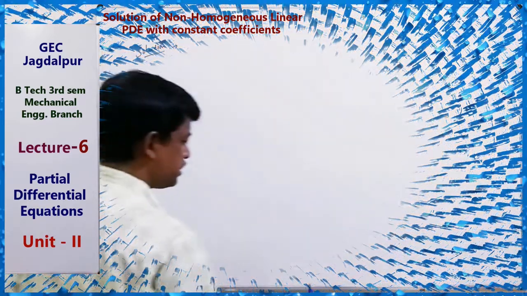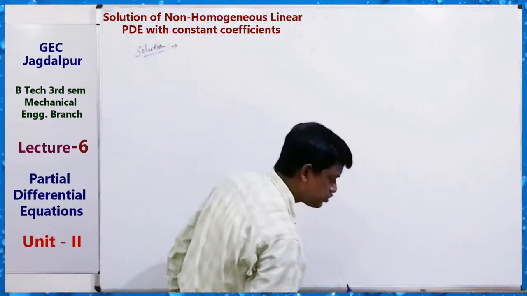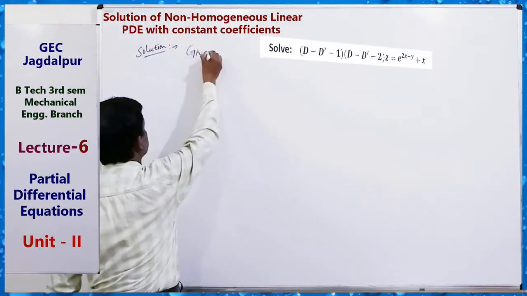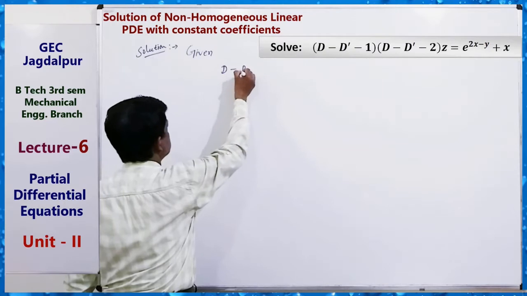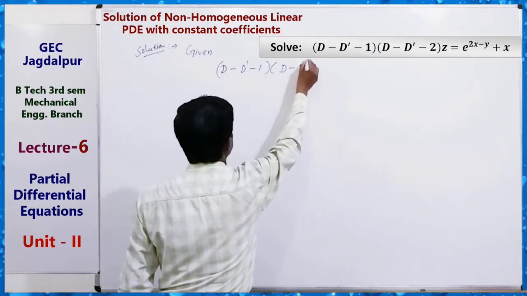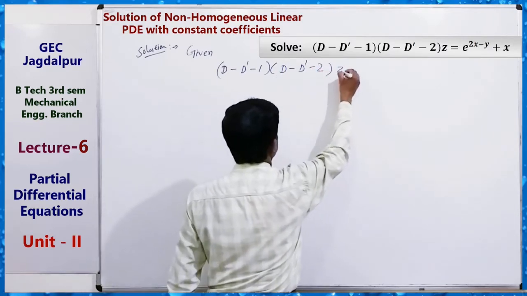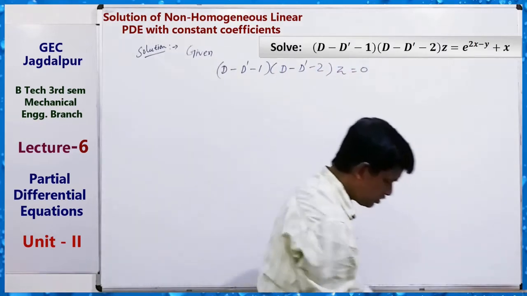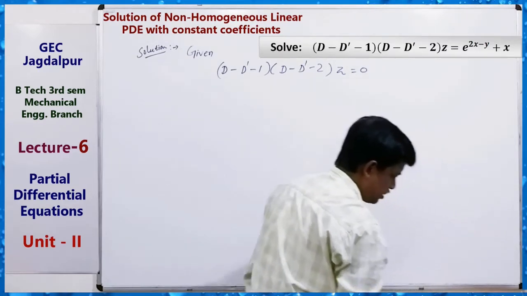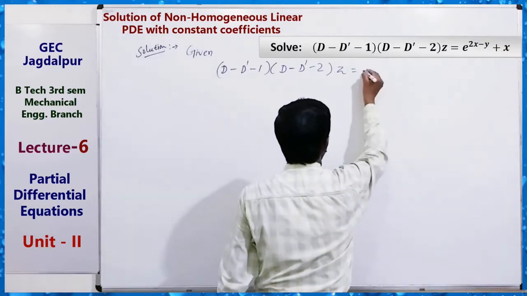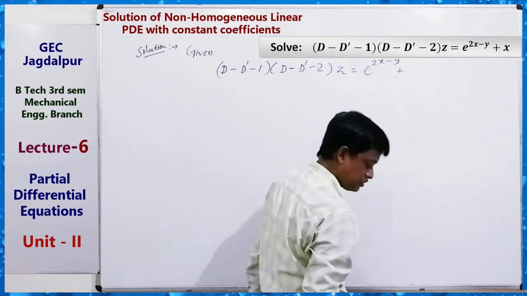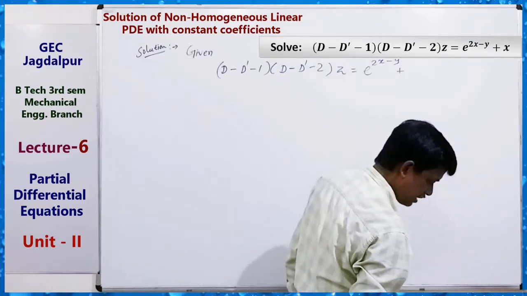Now take the question: D minus D dash minus 1, D minus D dash minus 2, z equals to e to the power 2x minus y plus e to the power 2x minus y plus x.